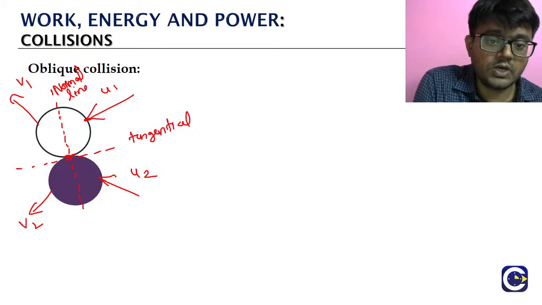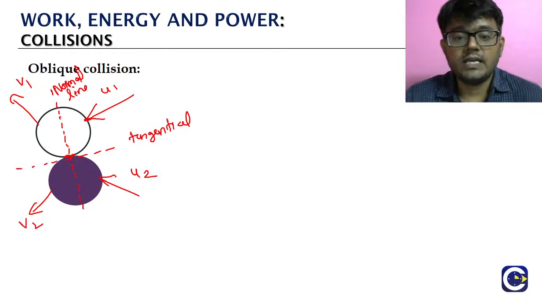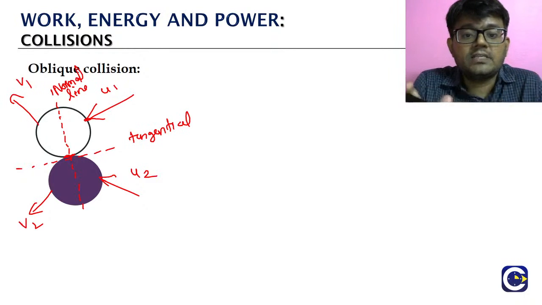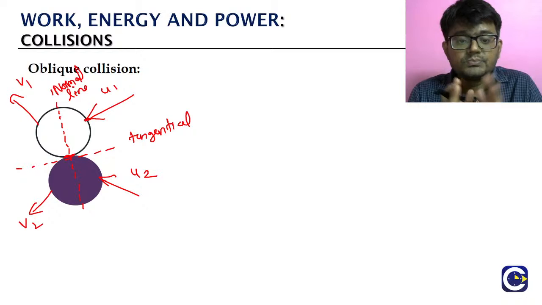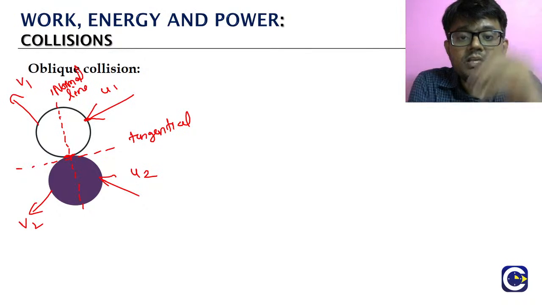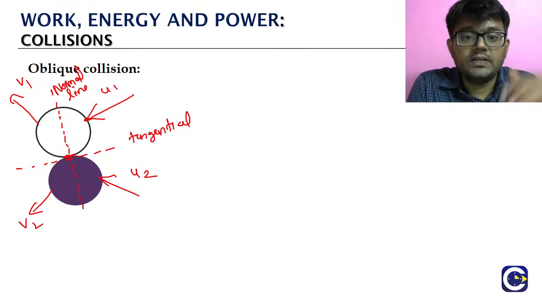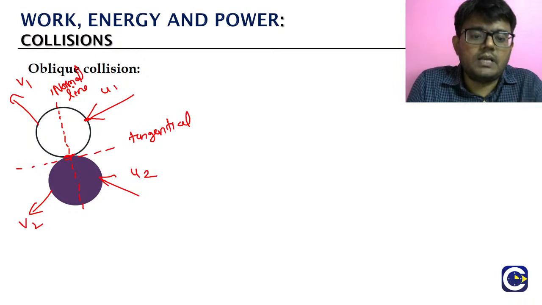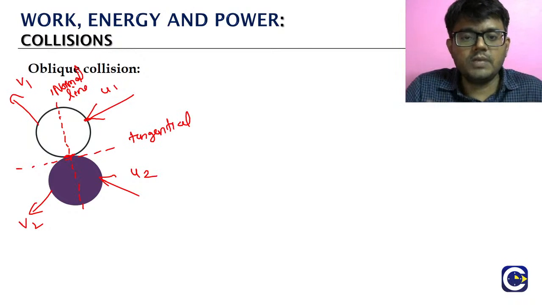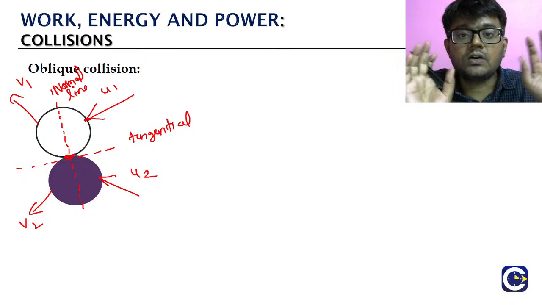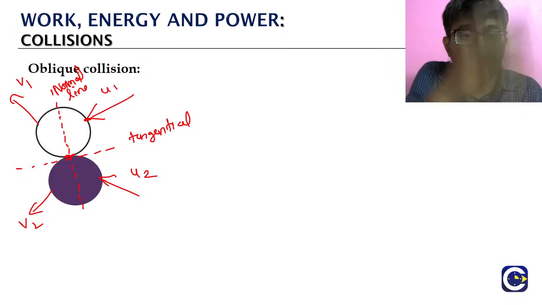So in an oblique collision, the normal line and tangential line will be important, because the impact of the collision will be only along that normal line.